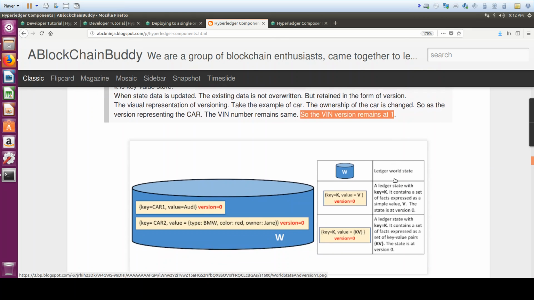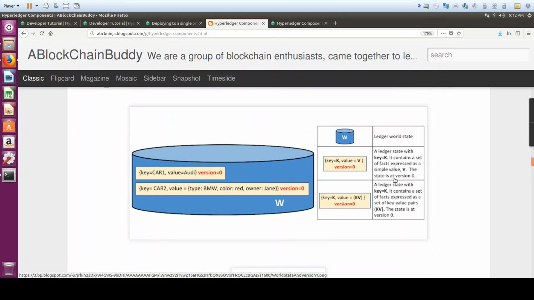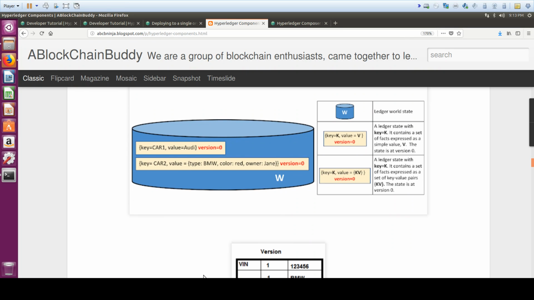So we will see how the version works. Key car1 value, version 0; key car2 has more information: type BMW, color red, owner Jen, version 0. It stores it as a version. I know it's difficult to understand. Let's try again. I have one more example.